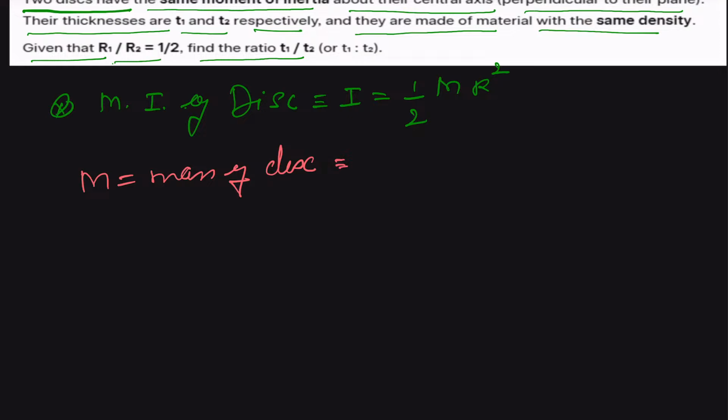And this mass we can write as our density multiplied by pi r square, and T is our thickness.